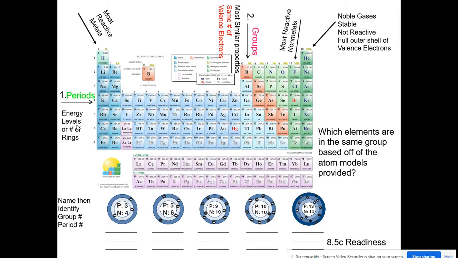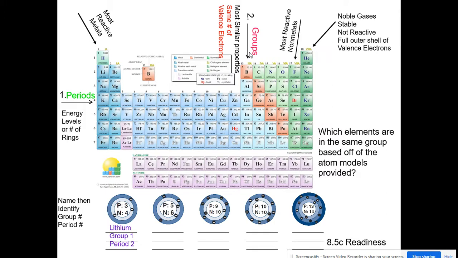Groups, they go up and down. For example, this is group 13. It has boron and aluminum and gallium and a bunch of other elements. Groups determine your properties. All of these elements that are in the same group have similar chemical properties. And guess what? They also have the same number of valence electrons. They have 3 valence electrons.